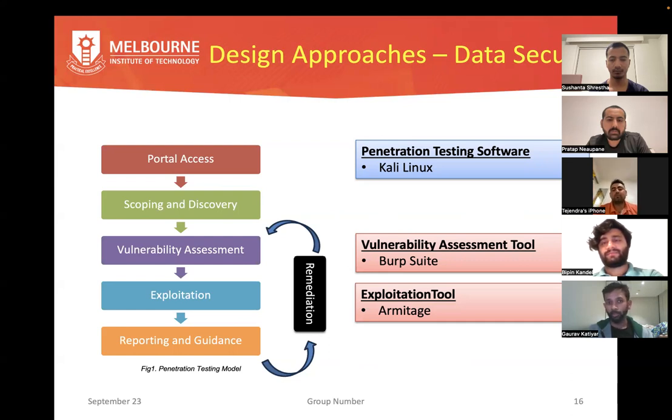Then we'll be exploiting the code internally, so that if something is found, like a bug, we'll document it in the report. If there are some issues found, we'll go back to the remediation process, and then the process will start again. For this, the penetration testing software we are using is Kali Linux, the vulnerability assessment tool will be Burp Suite, and Armitage as an exploitation tool.